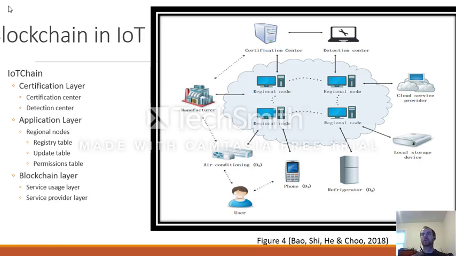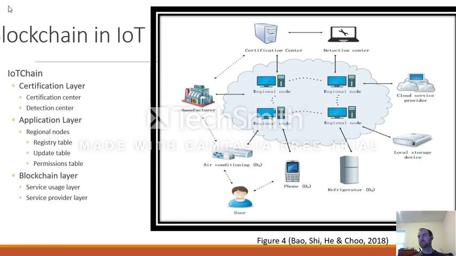So the certification layer would have the certification center and the detection center. The certification center would handle things such as certifying new devices that are attached to the blockchain and certifying manufacturers that attach and service providers.